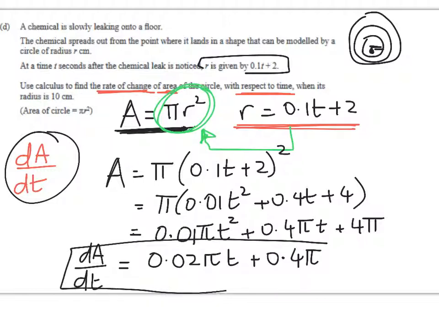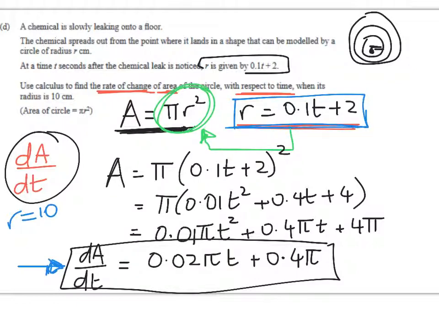So we're almost good to go, but we don't know what t is. So look what we were told to figure out. We would need to find the rate of change with respect to time when r equals 10. But my dA by dt expression is in terms of t. So I need to go back to this and now solve for what time, what t value will give me an r of 10.